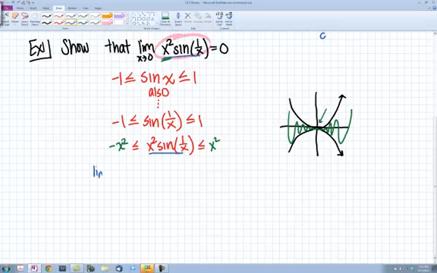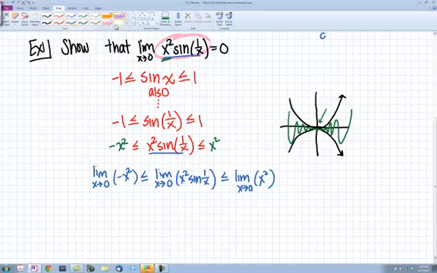So now I want to evaluate the limit of each of these. The limit as x approaches 0 of negative x squared should be less than or equal to the limit as x approaches 0 of x squared sine 1 over x, which should be less than or equal to the limit as x approaches 0 of x squared. Now what's the limit of the left-hand side of this? It's 0.